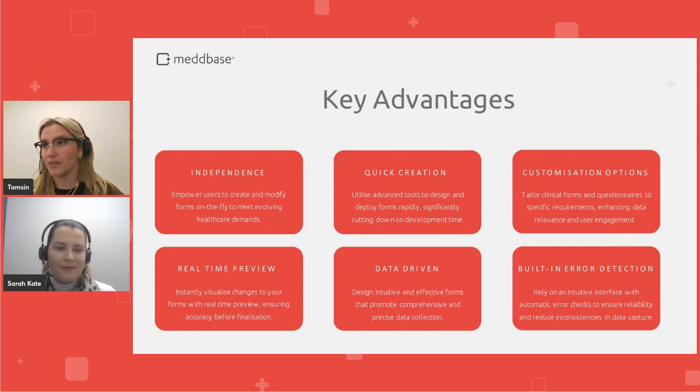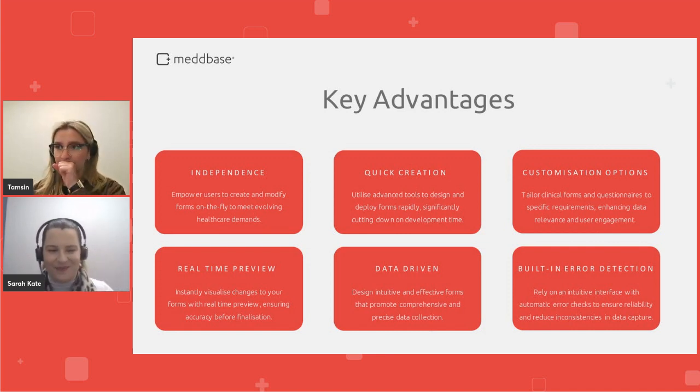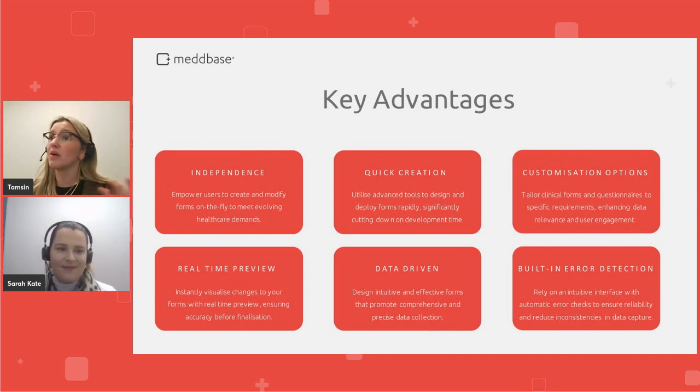You see real-time previews, so you can actually see your forms as you're creating them and visualize and map out, rather than having that spreadsheet, Sarah Kate, as I know that's been a pain point for you. It can ensure accuracy before finalizing, and avoids that back and forth of, well, I want it to look this way, I want the box to be this wide, I want this to be the text. Now you can have that creation.